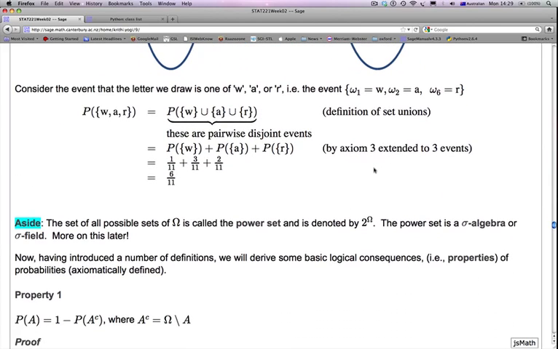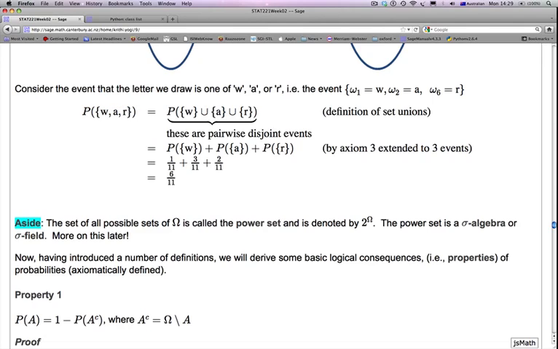Now let's consider the event that the letter we draw is one of W, A, or R. That is, we're now only interested in the event that one of these 3 letters, W, A, or R, is pulled out of the urn when we do this experiment. So we put these letters in, shake it up, and then we draw one of these letters. The expression on the left side is saying, what is the probability of getting either W, A, or R out?